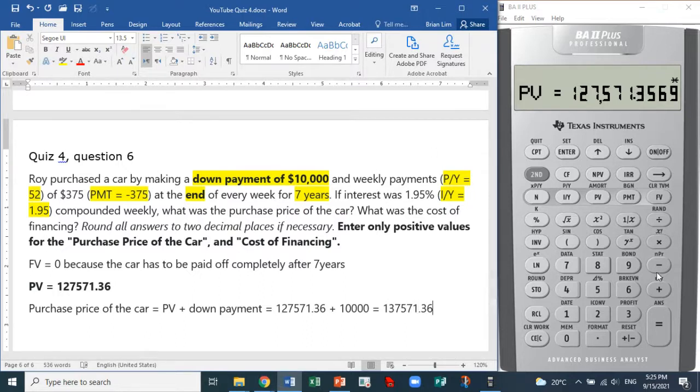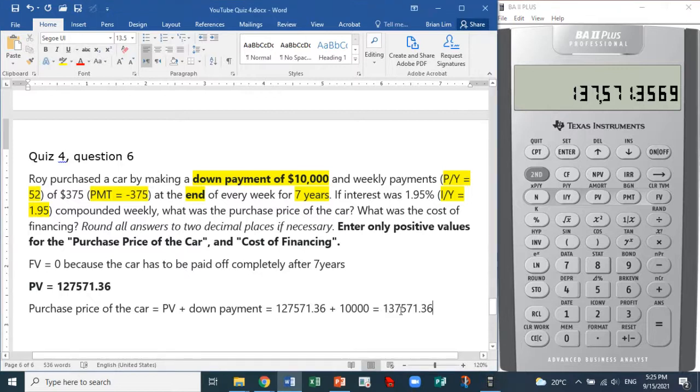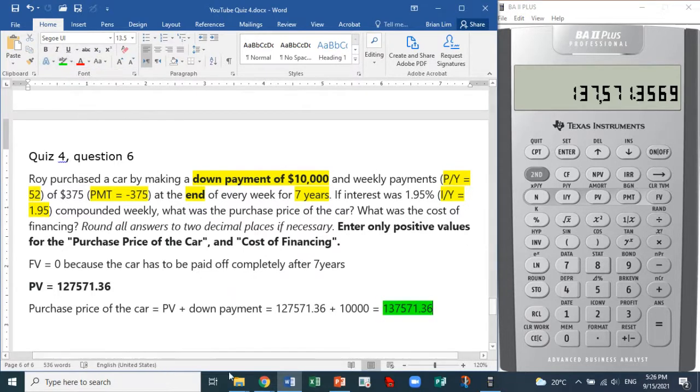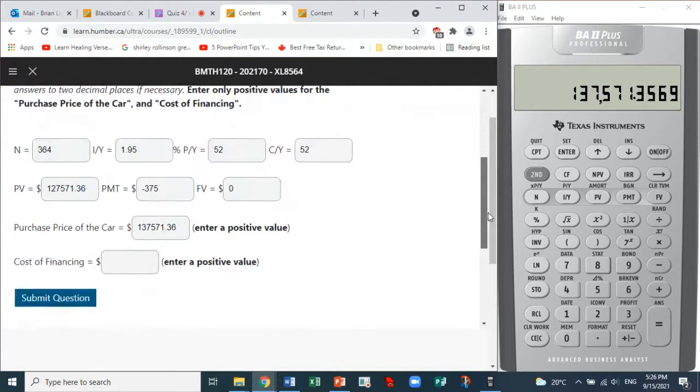Of course, we could just put it in there and let the calculator add the $10,000 for us, and get 137,571.36. Let's highlight that, copy it. It's easier to do it that way, and there are no mistakes about the answer. And I will put that into here.